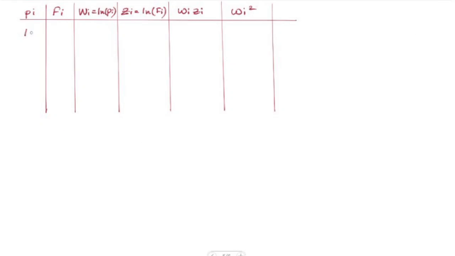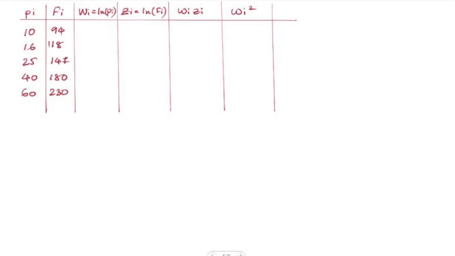Here we have 10, 16, 25, 40 and 60, and fi is 94, 118, 147, 180 and 230.